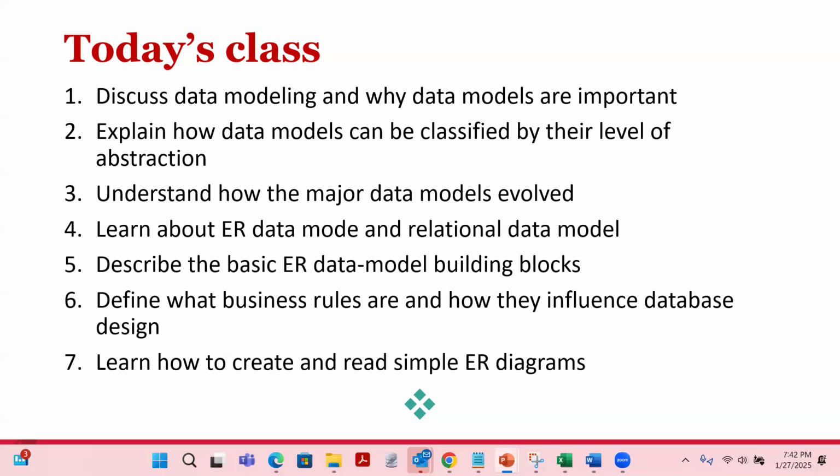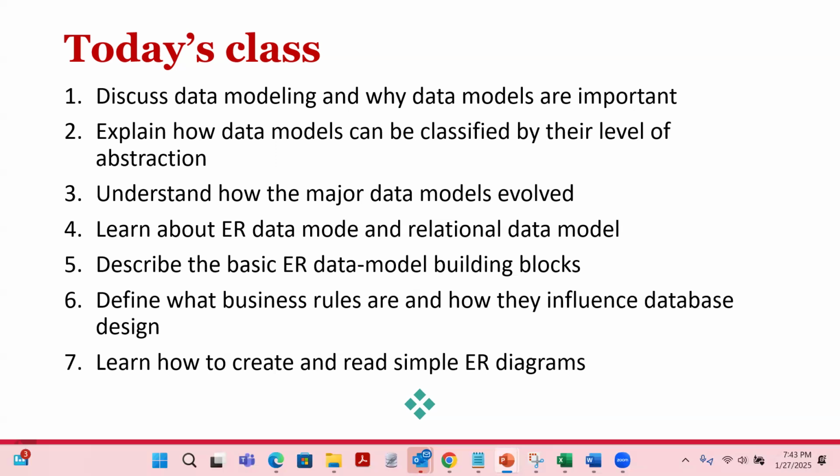So we will learn in details two different data models. We will learn about relational data model, and that's what will be covered in your homework. First homework, that's question 1 of your homework. We'll learn about how to read relational data model, how to connect different tables or relations in relational data model.